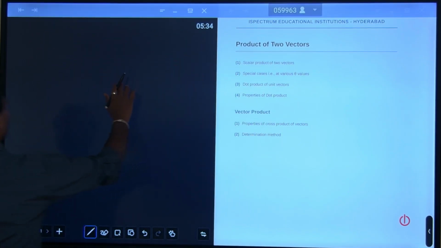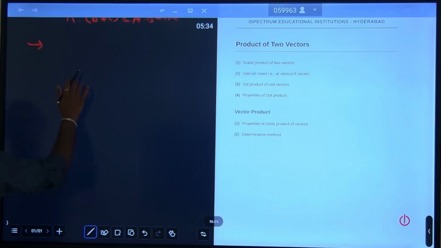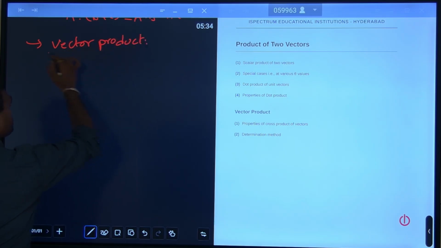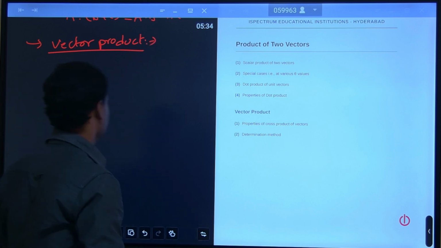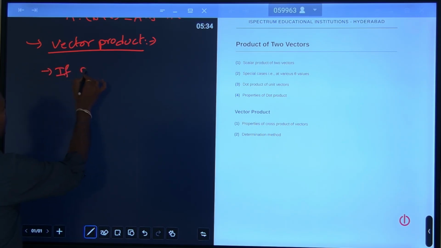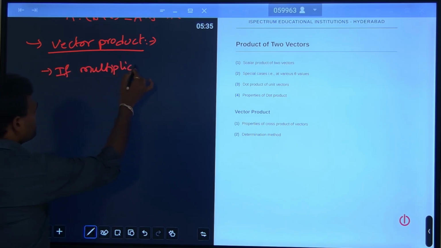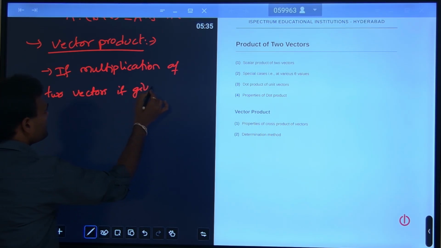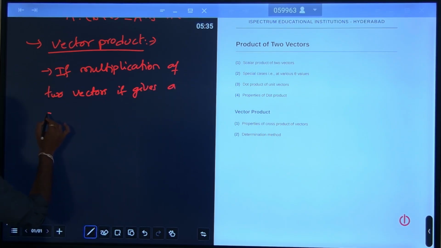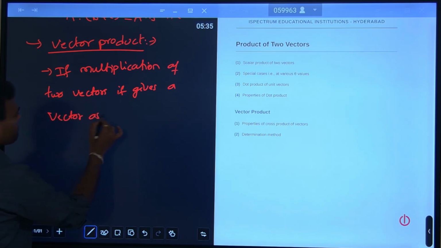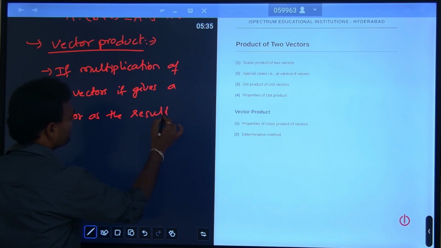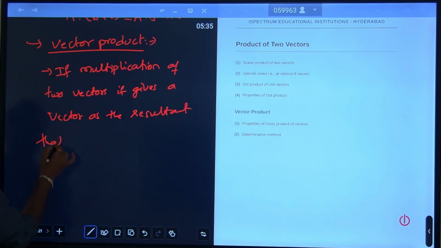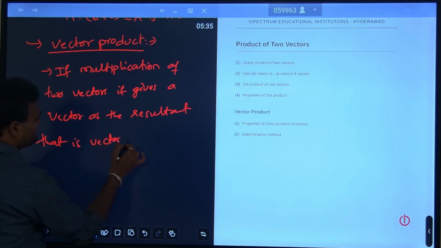And the next one is vector product. Vector product means if multiplication of two vectors gives a vector as the result, that is vector product.